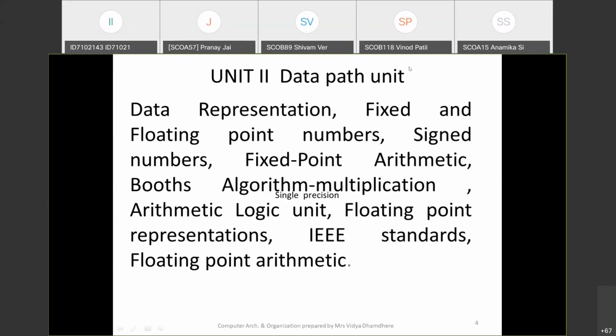Another thing: those students who are absent for the TAE 1 can submit the handwritten assignment in Google Classroom. Scan it by mobile, make it a PDF, and give your roll number there. Only then will I consider their marks.